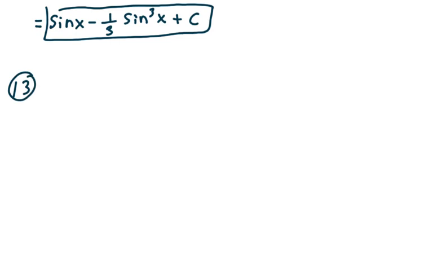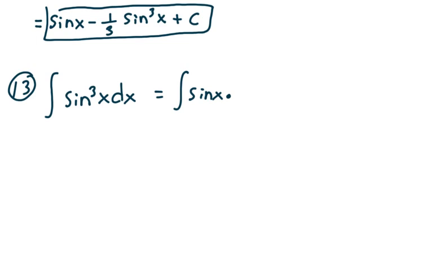Let's take a look at 13. Suppose I have the integral of sine cubed x dx. Now, in this case, just like in 12, it's a similar idea. I'm going to this time save a sine of x because the power is odd.